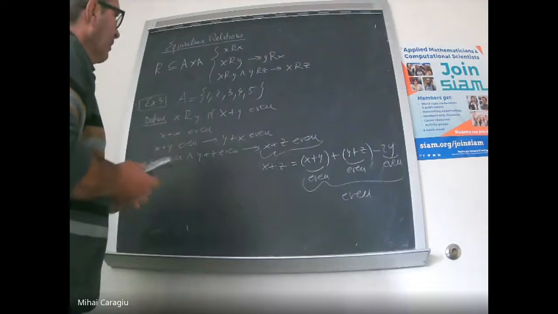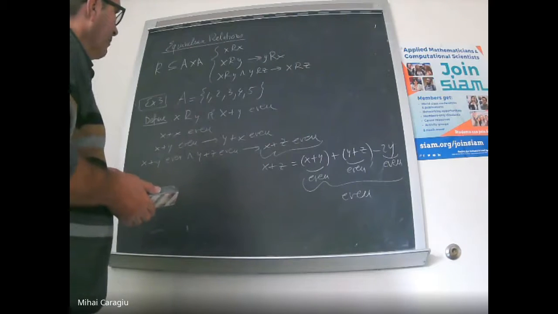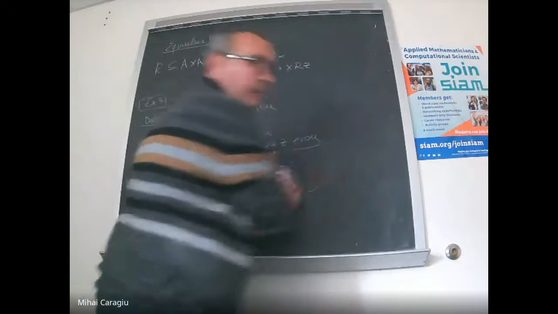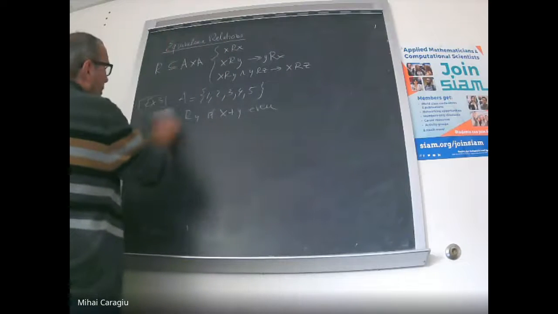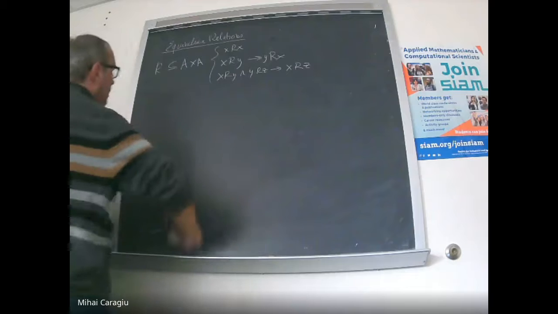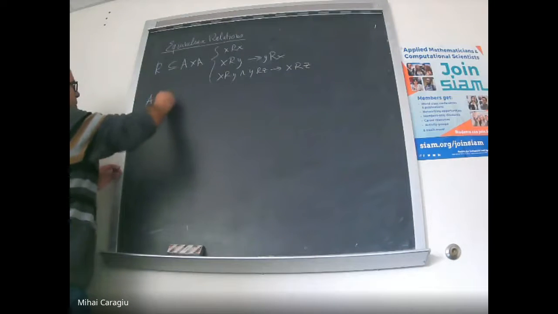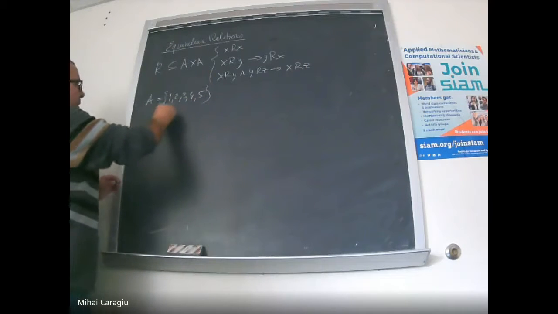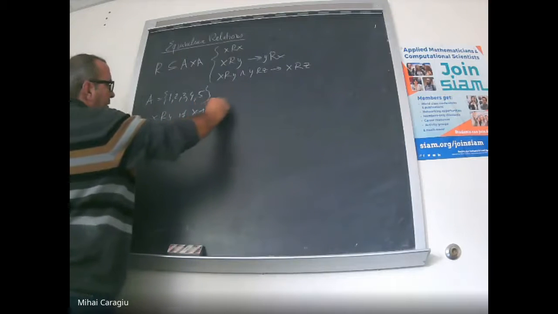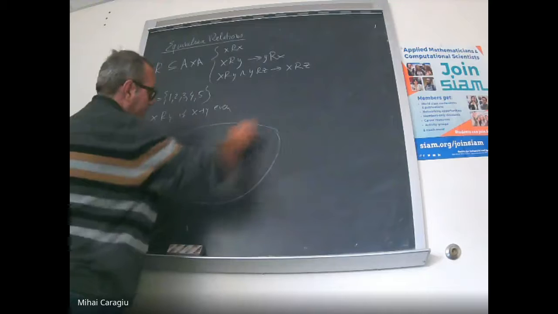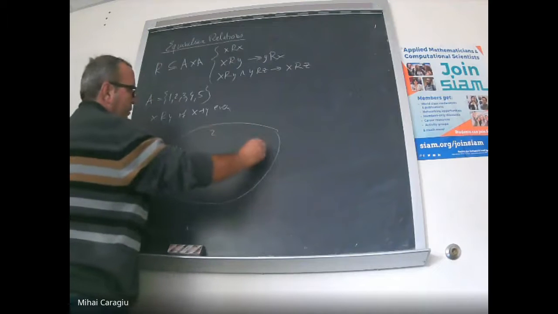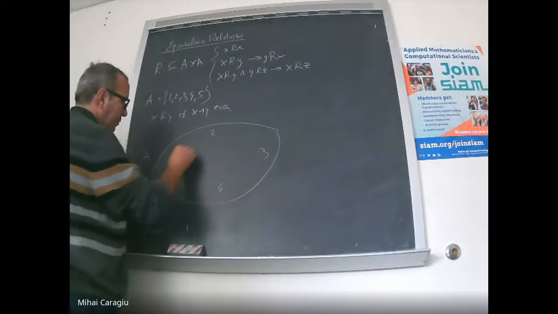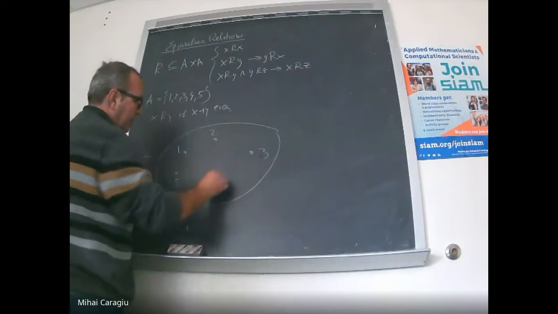So let's try to use our old conceptual diagrams for binary relations to see a picture of this equivalence relation. Again, A is the set {1, 2, 3, 4, 5}, and x R y if x plus y is even. So let's see the conceptual diagram. There's the set A, let's put some points here, 1, 2, 3, 4, 5.